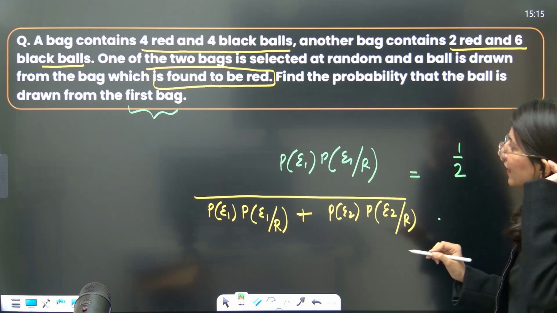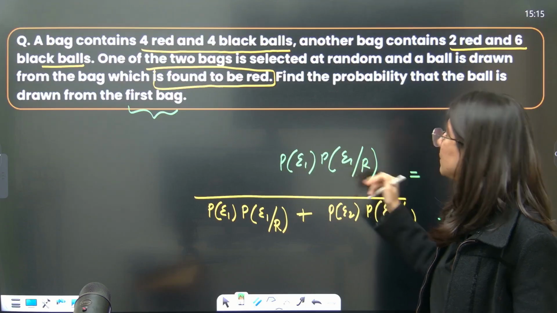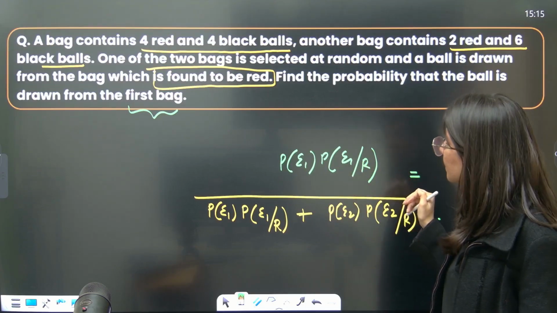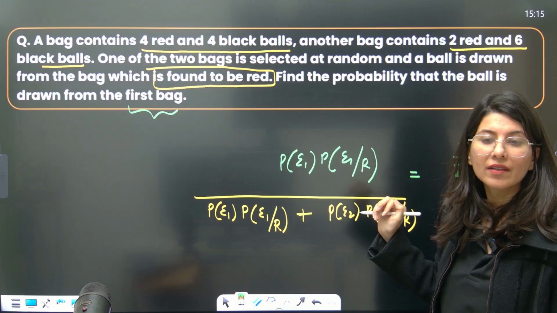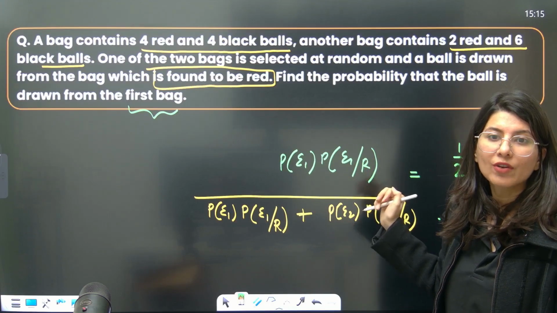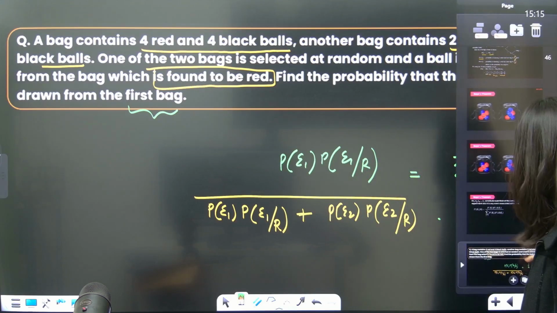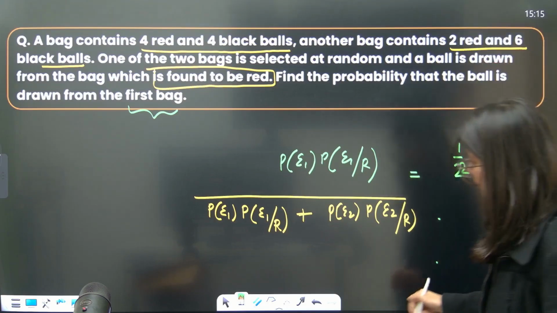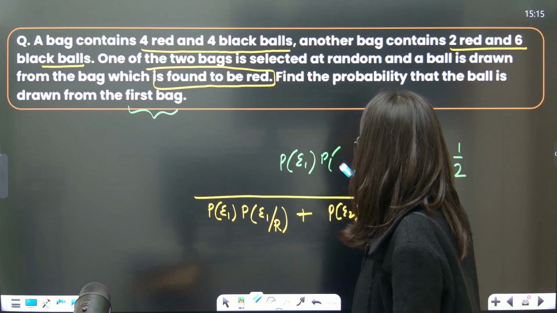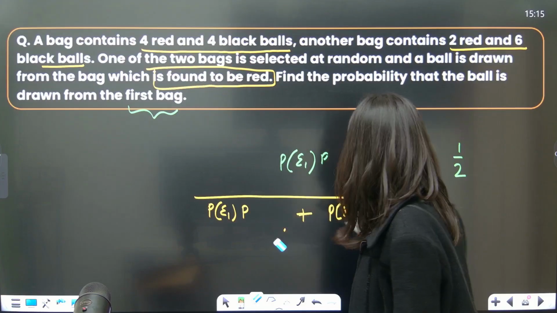Now the probability of a red ball coming from the E1 bag. Let me check one time. Sorry, this is a reverse thing. This is not how you write.